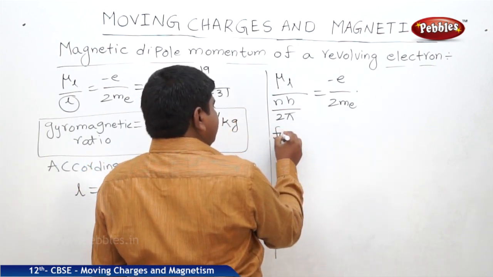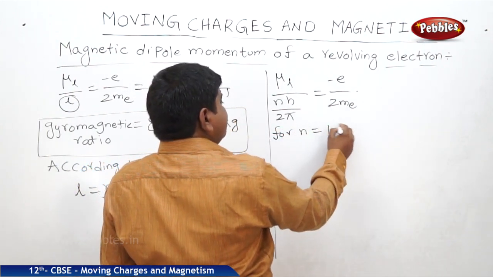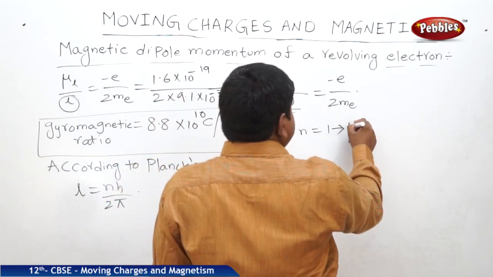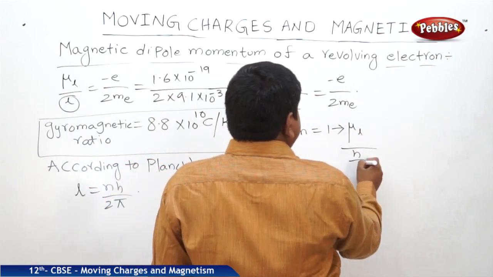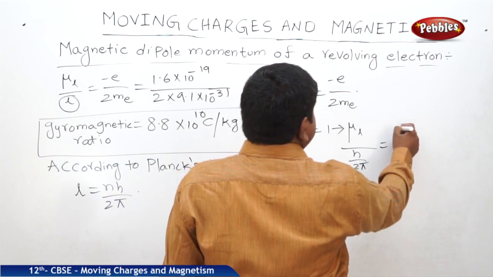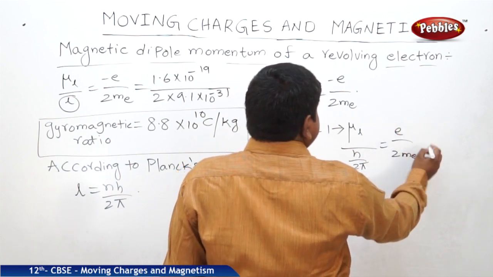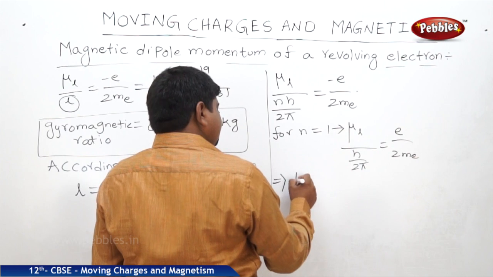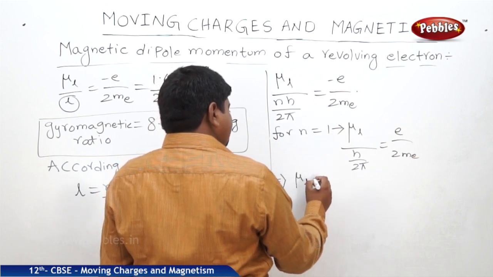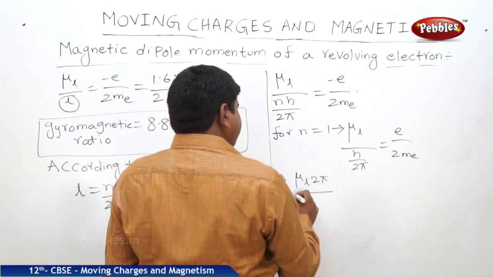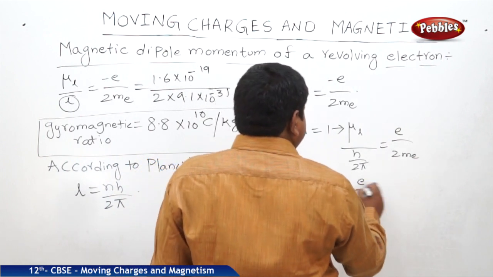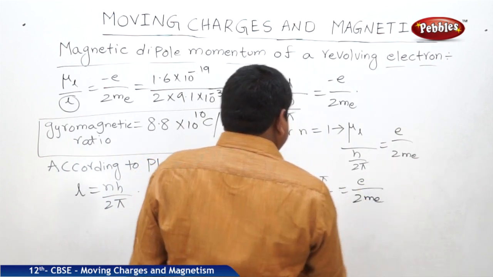For n is equal to 1, the same equation turns to mu L by h by 2 pi is equal to e by 2m_e. So it will be mu L 2 pi by h is equal to e by 2m_e.